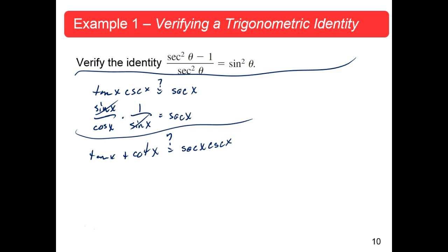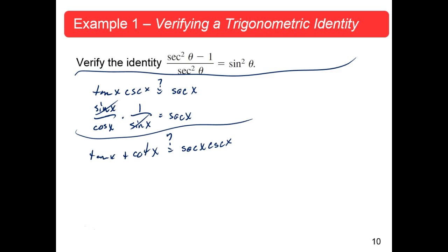What would you do on this one? So I'm trying to figure out which side would be easier. Okay. Here's my suggestion. Do them both. Just start working on both sides. Just don't cross the equal sign.